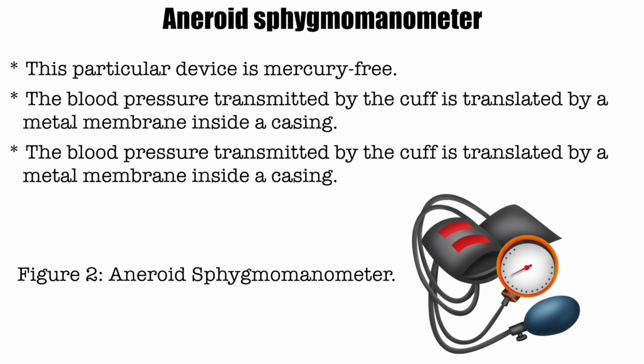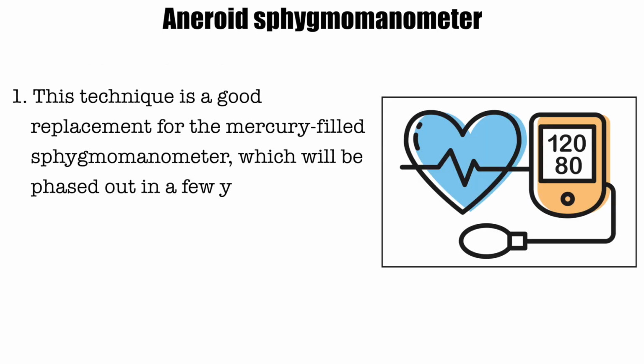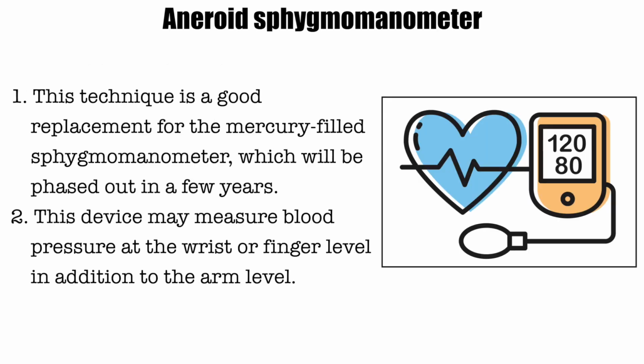If it is routinely controlled, this type of equipment is very convenient to operate and generally reliable. This technique is a good replacement for the mercury filled sphygmomanometer, which will be phased out in a few years. This device may measure blood pressure at the wrist or finger level in addition to the arm level.